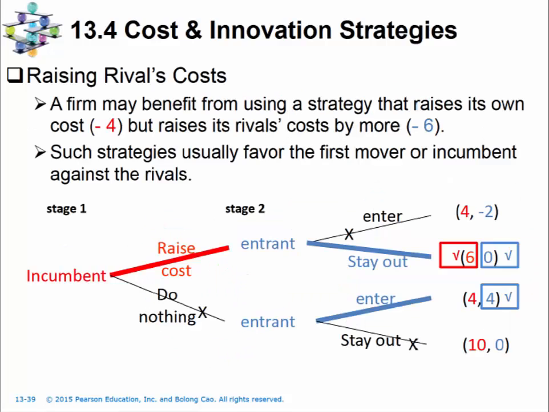Now let's briefly look at the cost strategy of raising the rival's cost. The incumbent here can make the cost for the entrant to enter into this market higher by lobbying the government and making the government implement more regulations on the new firms.